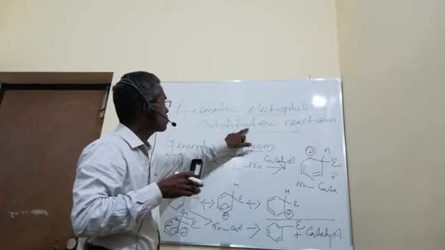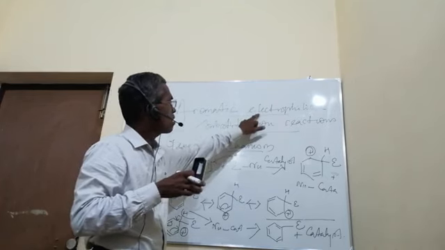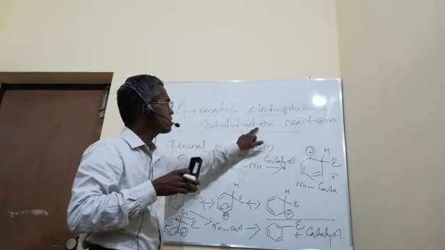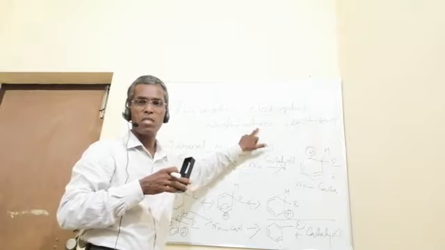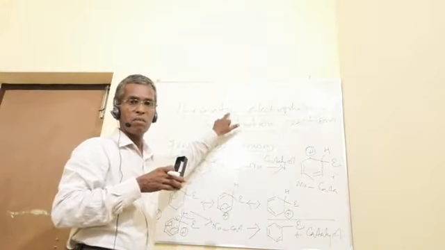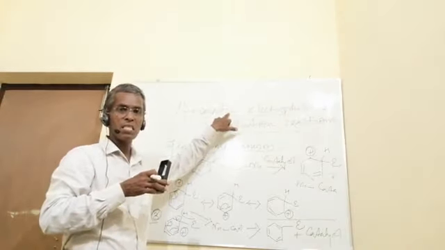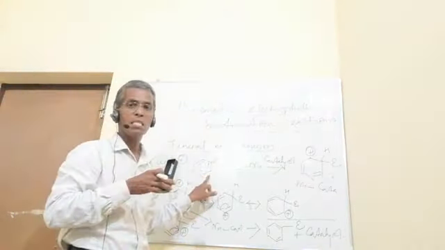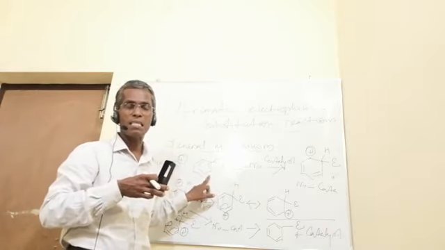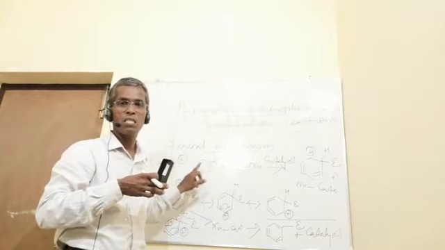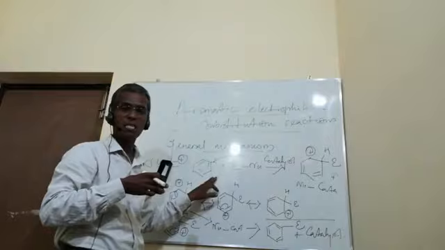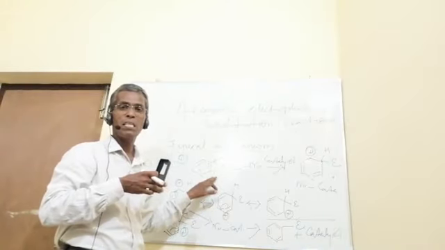Aromatic electrophilic substitution reaction. You are substituting the electrophile into the aromatic system, therefore this is aromatic electrophilic substitution reaction. The simplest aromatic system that we have taken for the discussion is benzene. Benzene, as we all know, is an electron-rich system because of resonance stabilization, because of pi electron delocalization inside the benzene ring, which gives stability to the benzene.